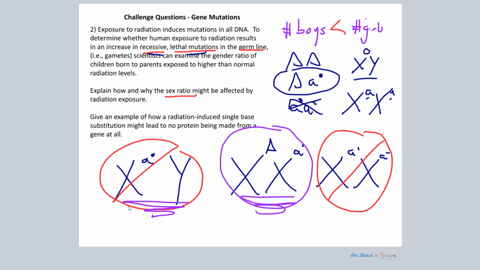So that's the answer to this question. Recessive alleles that are lethal and sex-linked will result in fewer sons born in the next generation than daughters, and this difference in gender ratio alone can determine that there have been mutations accumulated in the gametes that are recessive and lethal.